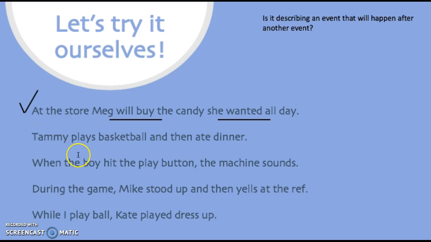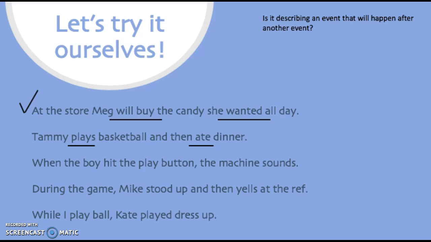Alright, now let's look at the next one. Tammy plays basketball and then ate dinner. Okay, so first verb is plays and then ate, which is past tense. So is there something that will happen in this sentence?